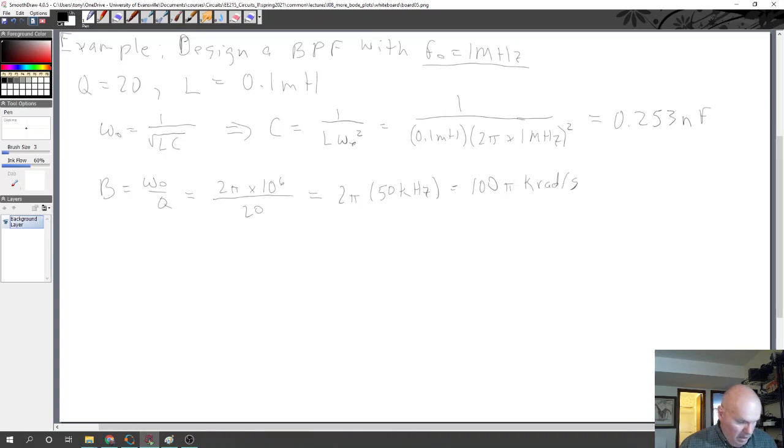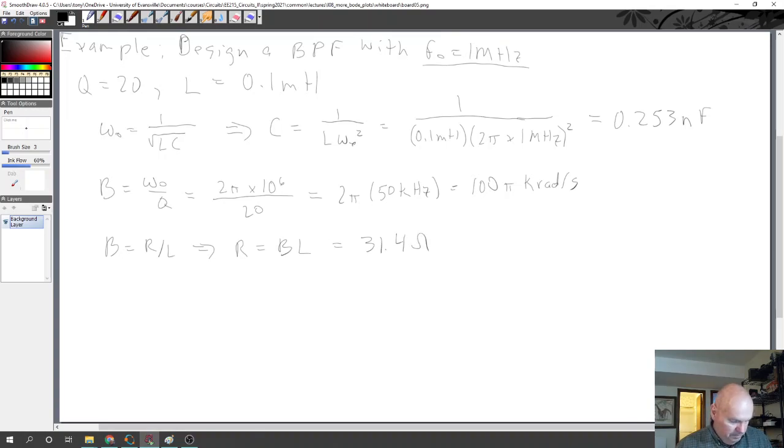And then I know that the bandwidth is equal to R over L. Again, L was given, so R is going to be B times L, and R here turns out to be 31.4 ohms.